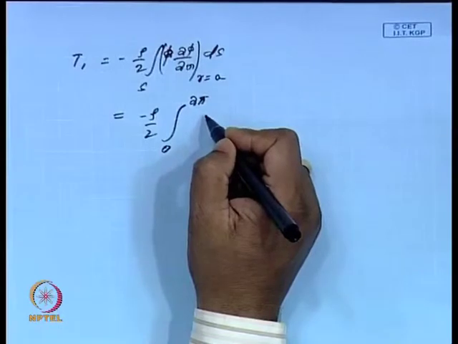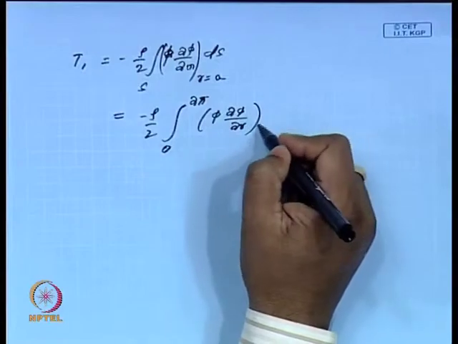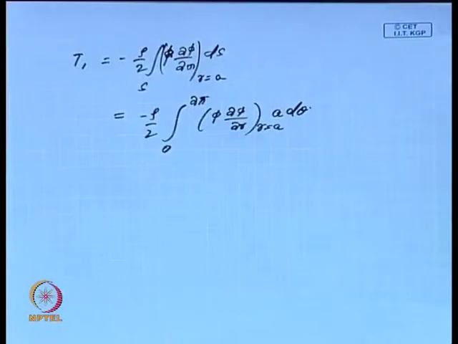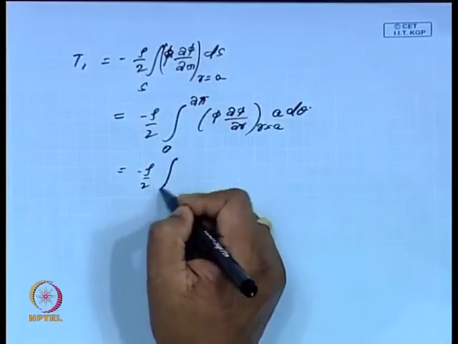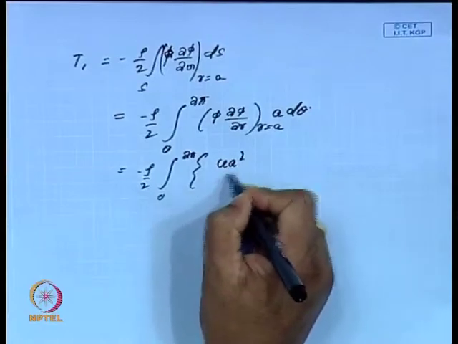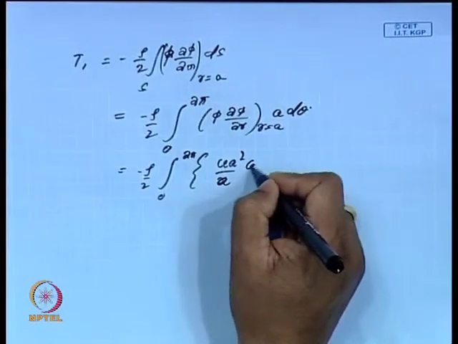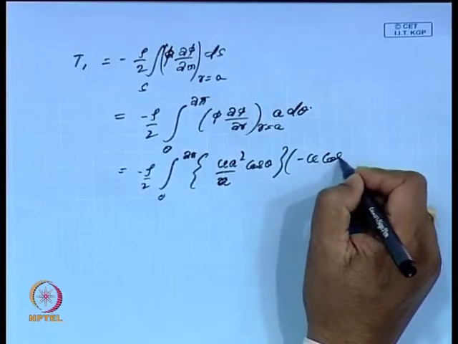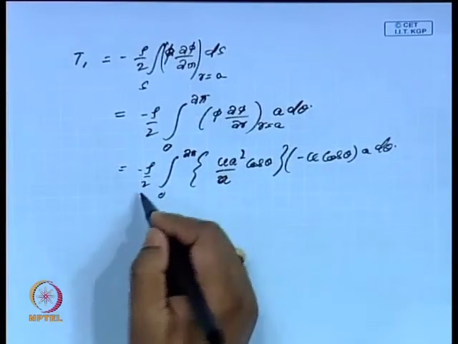So, basically this will give me φ ∂φ/∂r at r equal to a into a dθ, because on the boundary of the cylinder I am calculating, and this will give me minus ρ/2 integral 0 to 2π, u a² by r, where r is a, into cos θ into minus u cos θ a dθ. If I do this calculation, then it gives me very simple.